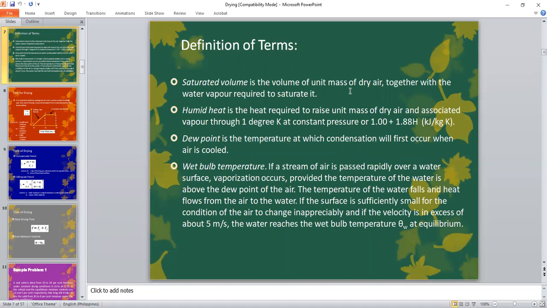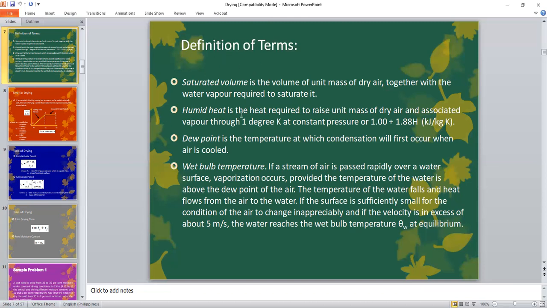The volume of a unit mass of dry air, so meaning the set of units is volume over mass. In this case, the water vapor amount is the amount required to saturate that given mass of dry air. So that is why it's saturated volume.